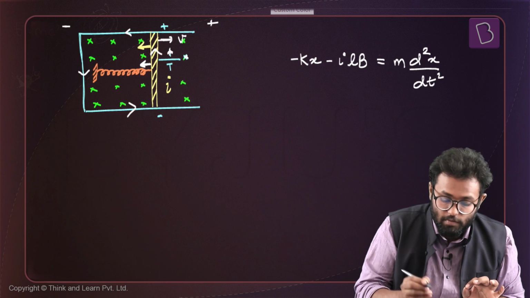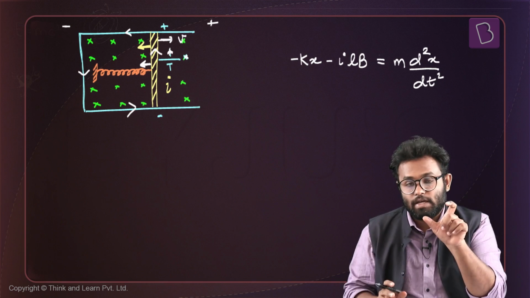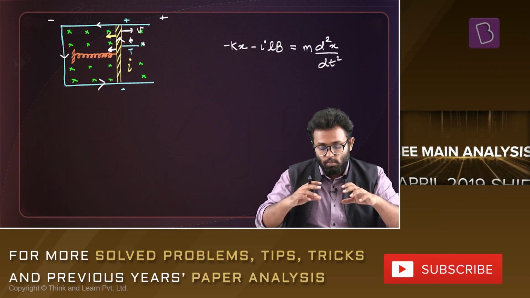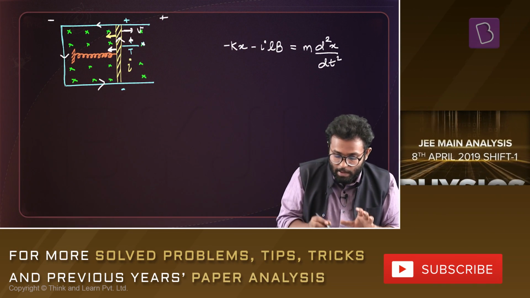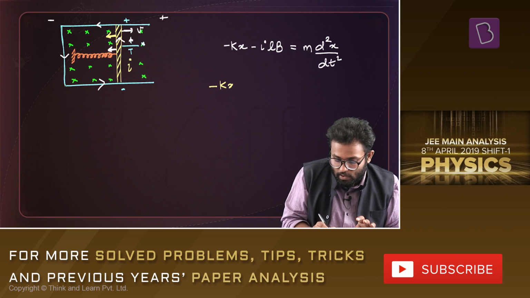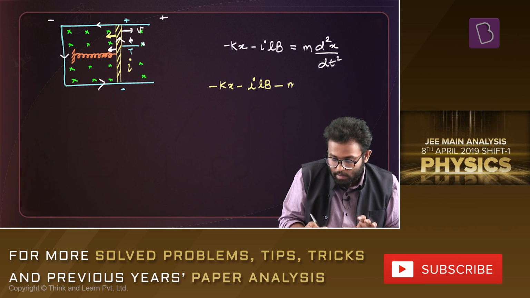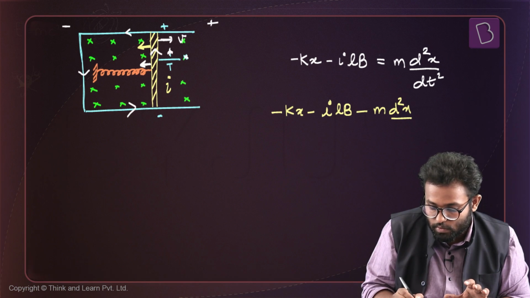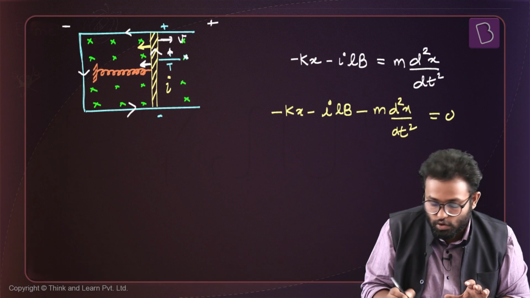Whenever you get a damped oscillation case for a spring, you should try to write your equation in this form. So you can write this as minus kx minus ILB minus m d squared x by dt squared equals 0.